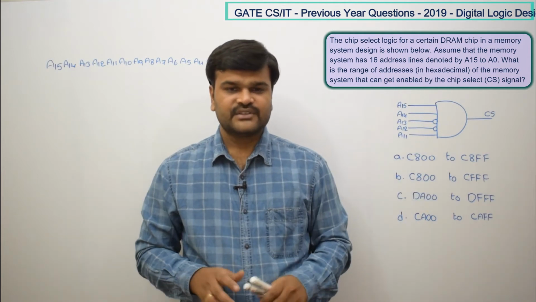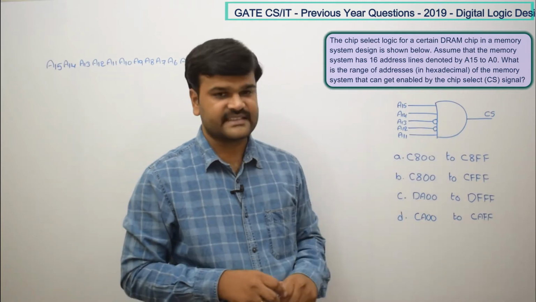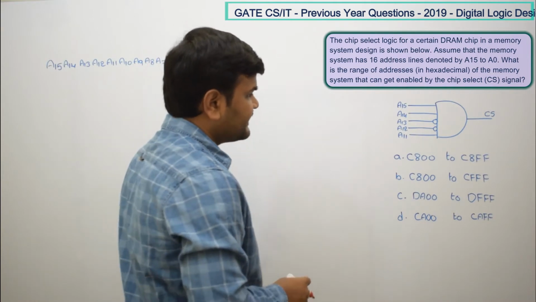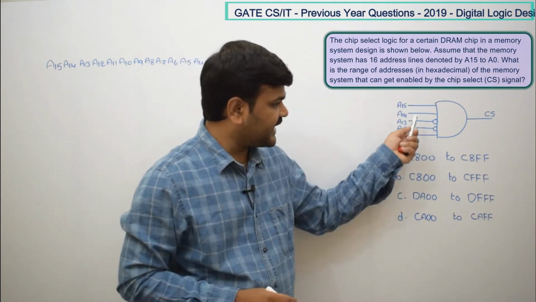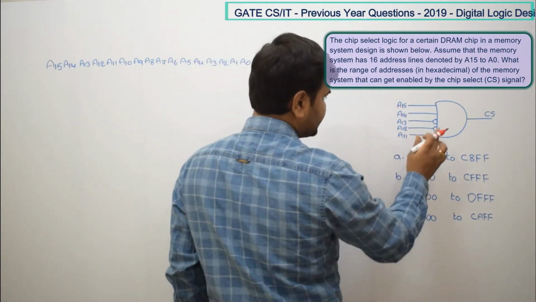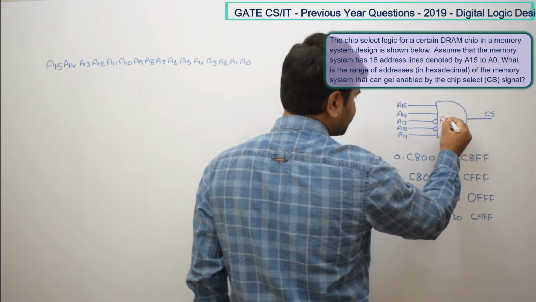To get the answer, first of all let us try to understand this chip. This chip has 5 inputs. First of all, this is an AND gate, is it or not?